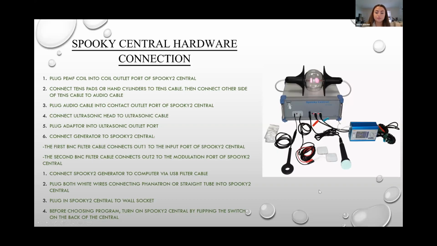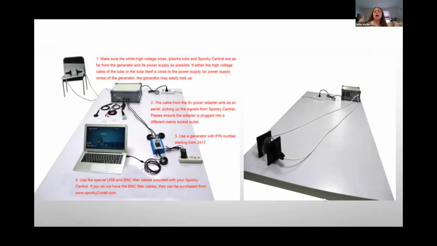Okay, back to the presentation. Just to note, once you've set up your Central, you want to make sure the white high voltage wires, as shown in this picture, and the plasma tube and the Spooky Central are as far away from the generator and its power supply as possible.